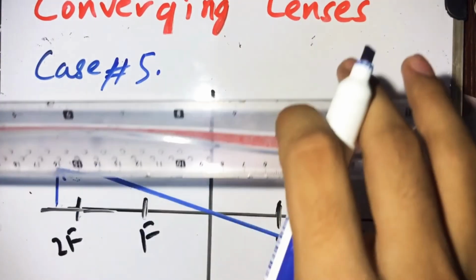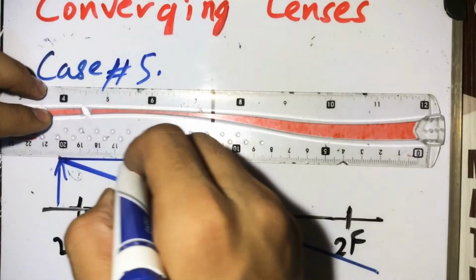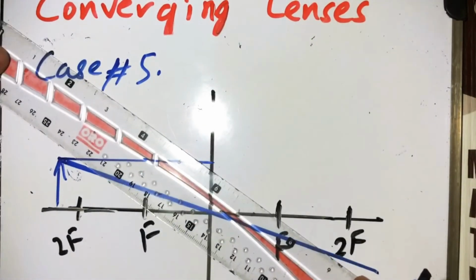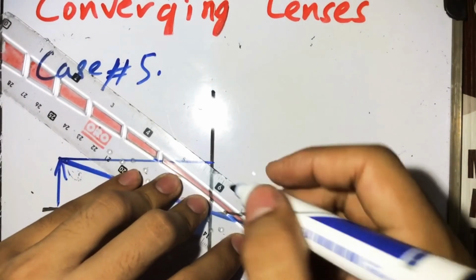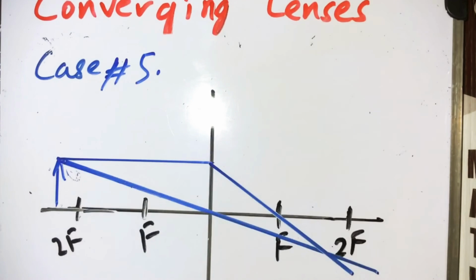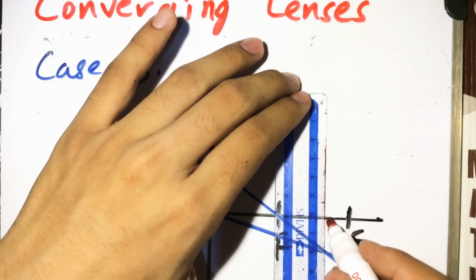And our second ray first goes parallel and then passes through the focal point. So this is the image.